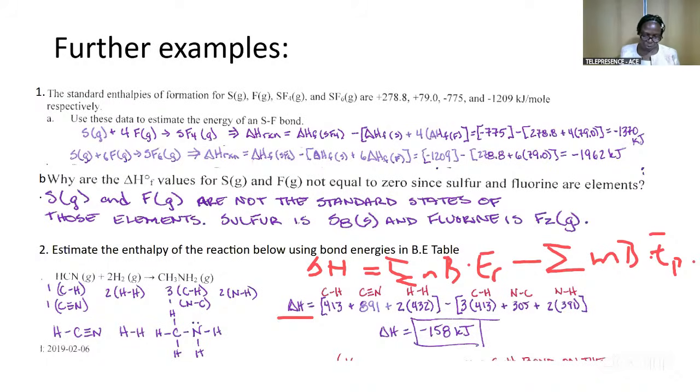Once you add the stoichiometry, you'll be home and dry. Multiply by that factor. So here we have 2 of the H-H bond, 1 of C-H, 1 of C triple bond N. That is what we have on the reactant side.